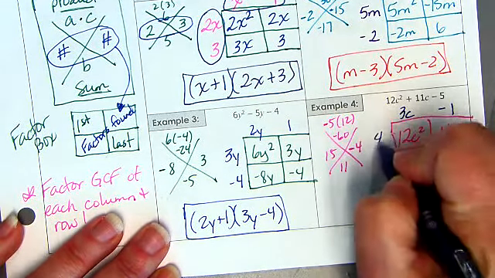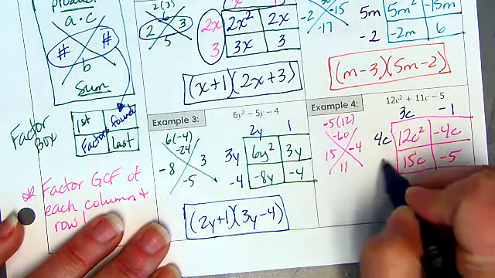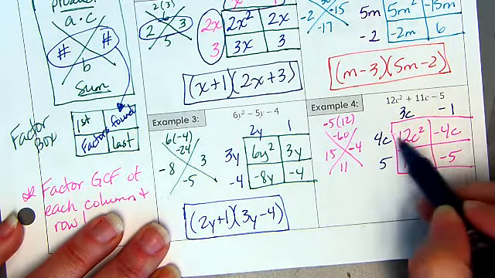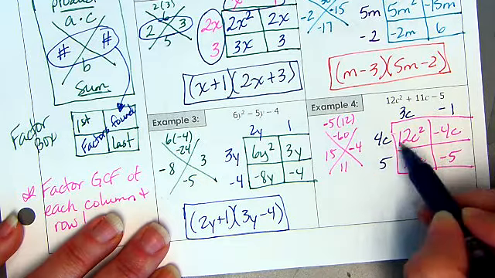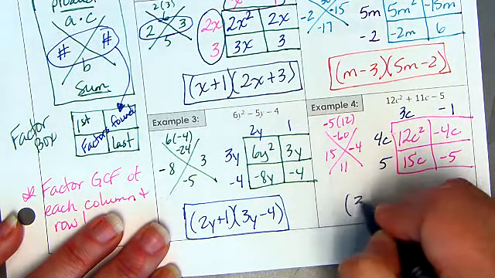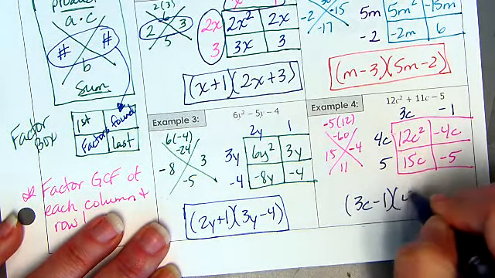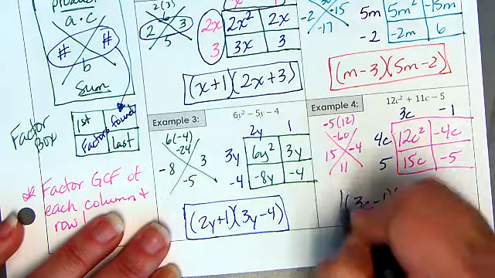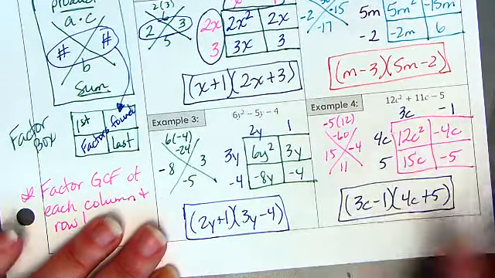Here, this is a 4c, and here is a 5. So 3c times 4c is 12c squared, -1 times 4c is -4c, 3c times 5 is 15c, -1 times 5 is -5, so that works. So 3c minus 1 times 4c plus 5 is my final answer.